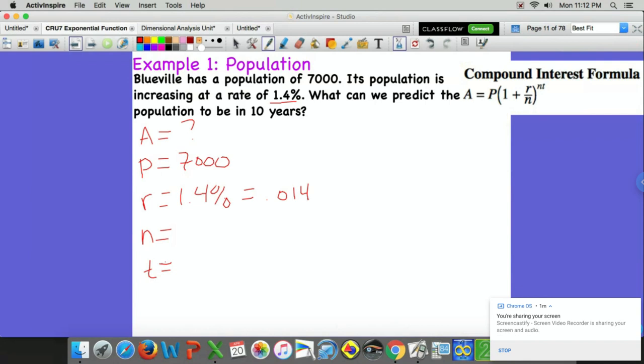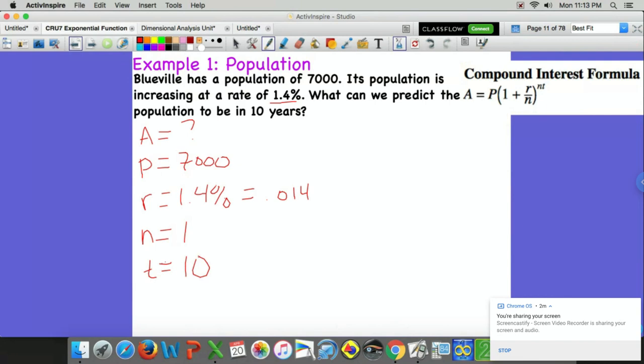And remember, if you're just trying to convert that to a decimal, you just divide the 1.4% by 100. And then the N, almost always when we're talking about population, the N is going to be 1 because it's counted every year. It wouldn't really be practical to sit there and count population monthly or weekly or things like that. So it's going to be once a year. And then T is going to be 10.